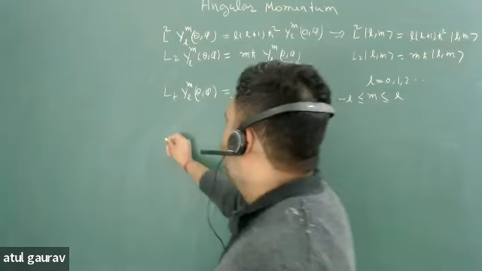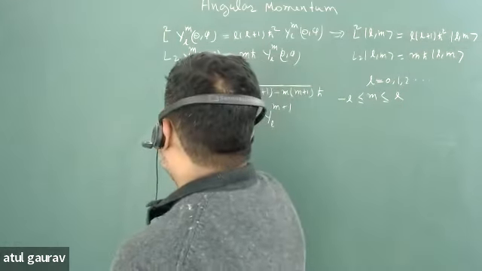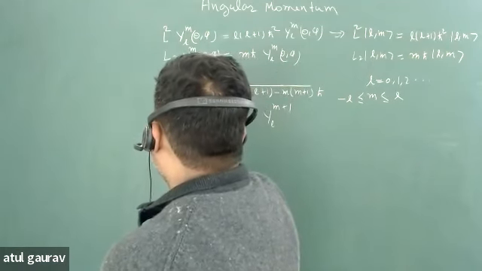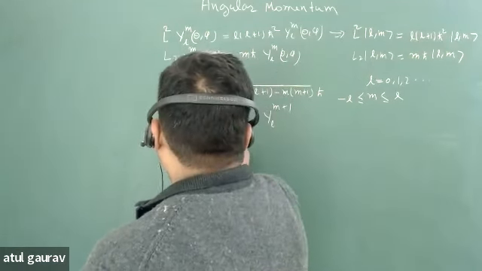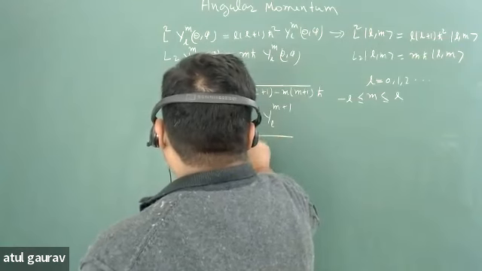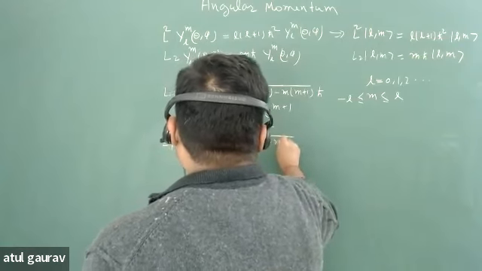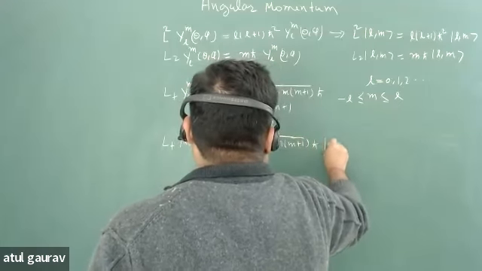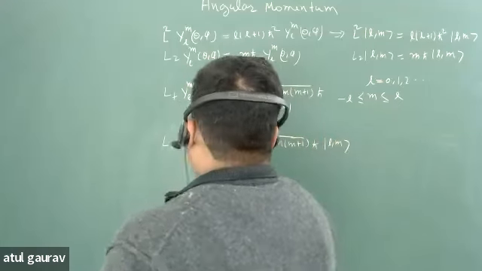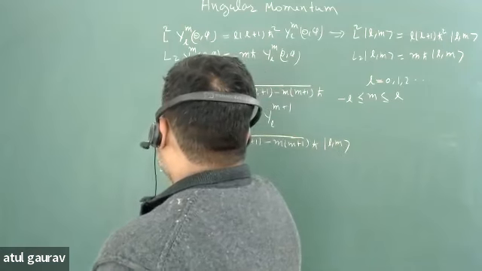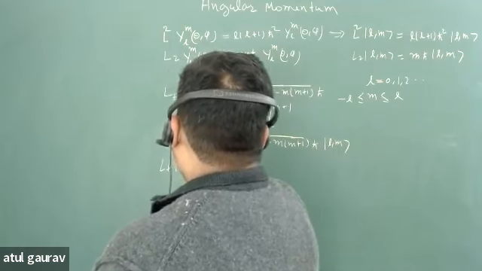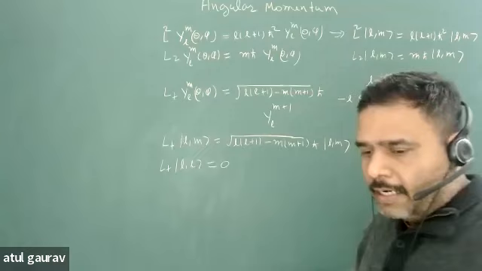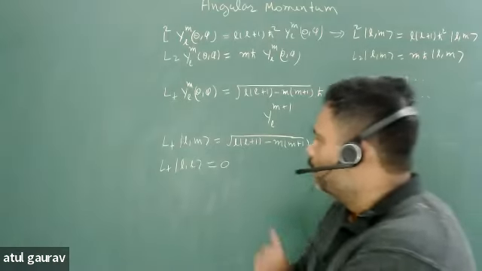And similarly we have done it in ket form. So we have L plus |L, M> equal to L into (L plus 1) minus M into (M plus 1) h cut |L, M plus 1>. And we also have L plus |L, L>, that value is 0. So there is an upper bound on the level of M.